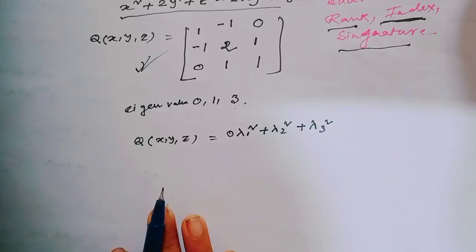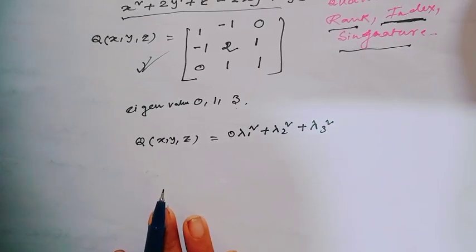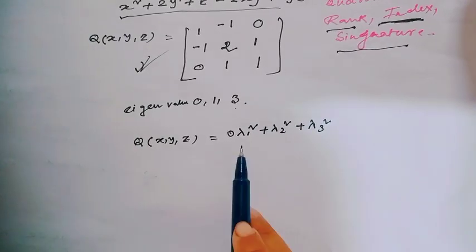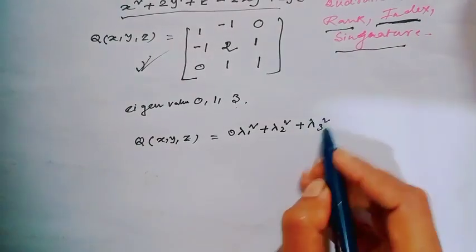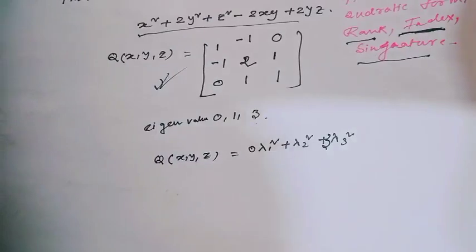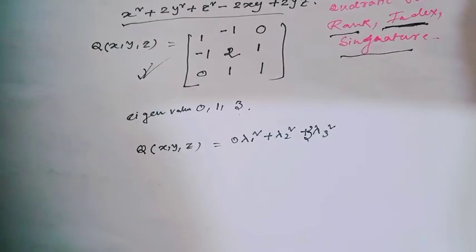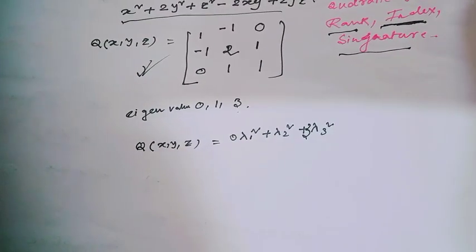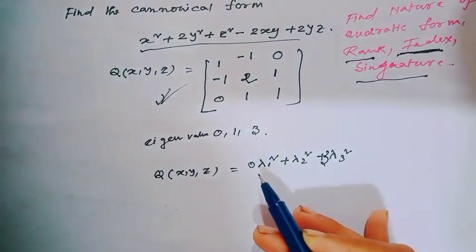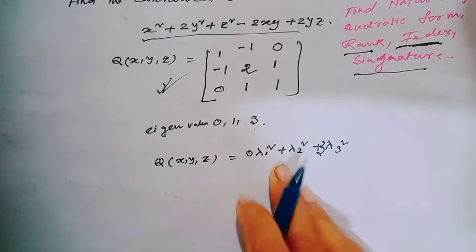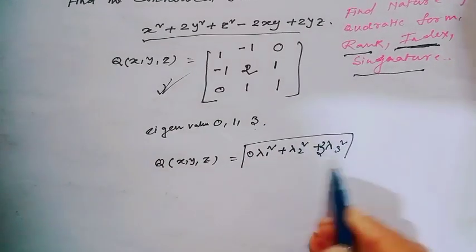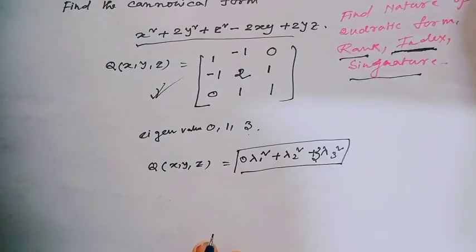Therefore, by the principal axis theorem we can tell this quadratic form represents 0 lambda 1 square plus lambda 2 square plus 3 lambda 3 square. This quadratic form reduces by the principal axis theorem to this quadratic form, as we all know.